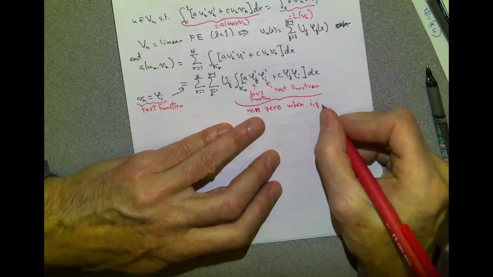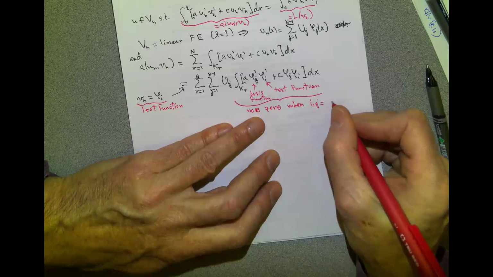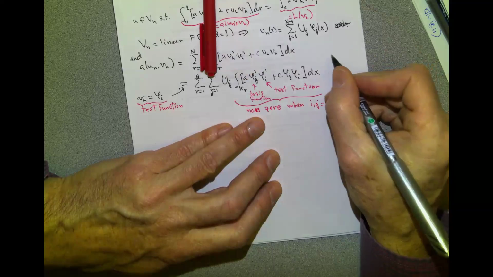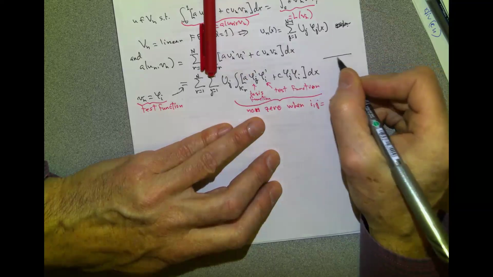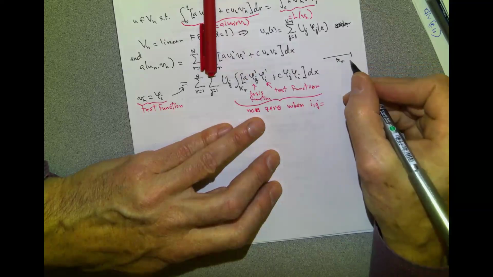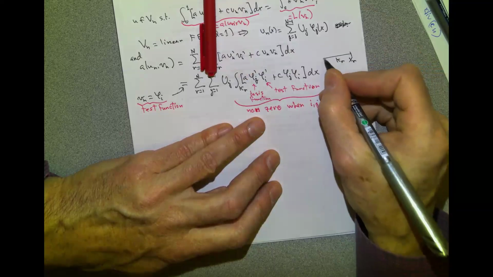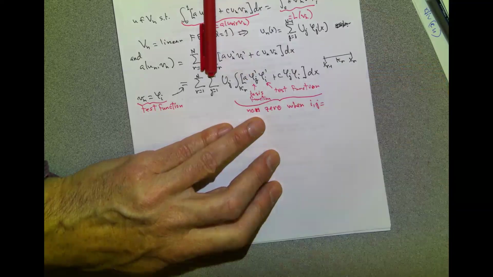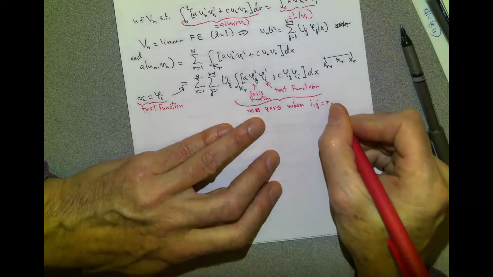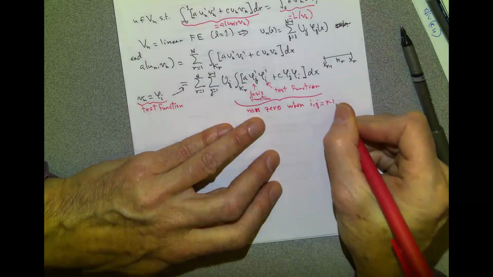I need to be on the element r. Keep in mind the element K_r goes from x_{r-1} to x_r. So that means I need to have i and j equal to r minus 1 and r.